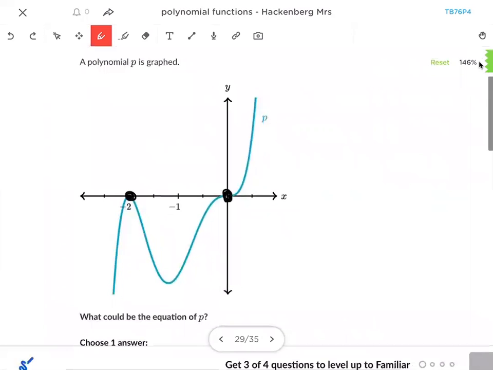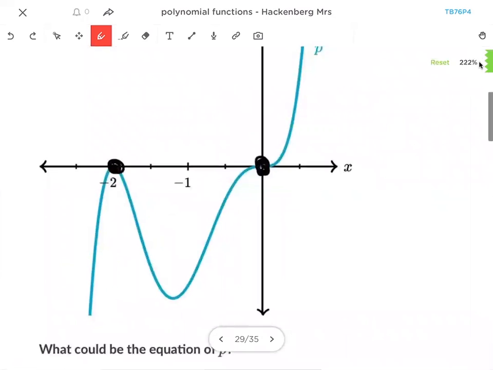I have those roots marked on my graph. Hopefully we can quickly say, this would be a factor of x plus 2 to get a root at -2. And likely you could say we could do x minus 0 or x plus 0, but we really don't need that there.